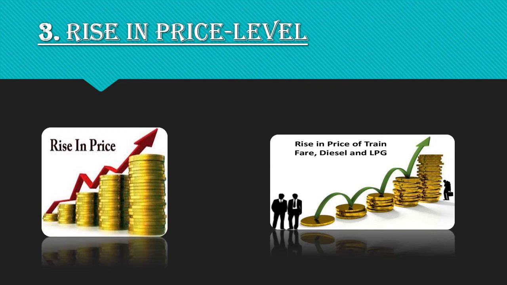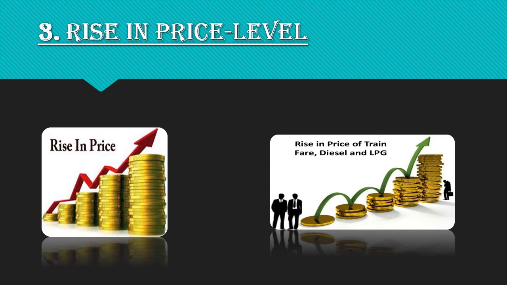The reason is that, like the private industries, the government also has to buy goods and services from the market at higher prices. Now one more question arises: why does the government have to buy goods and services at high prices? Because it has to spend on the public distribution system.